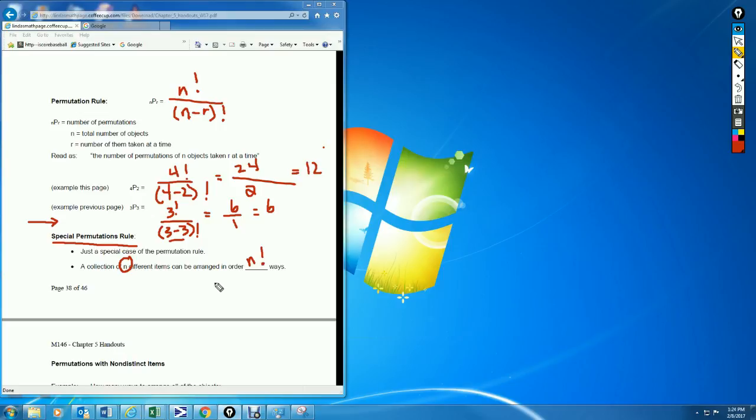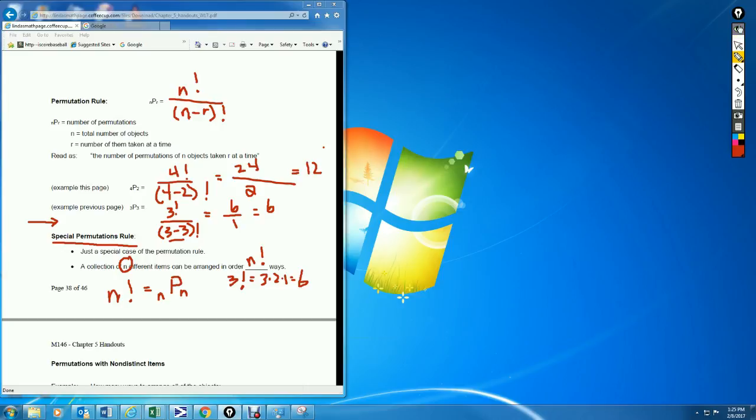For the letters A, B, and C, there were 3 letters, so we can arrange them in 3 factorial ways, which means 3 times 2 times 1, which is 6. And saying n factorial is the equivalent to saying n items permutation n ways. You've got n items and you're arranging all of them.